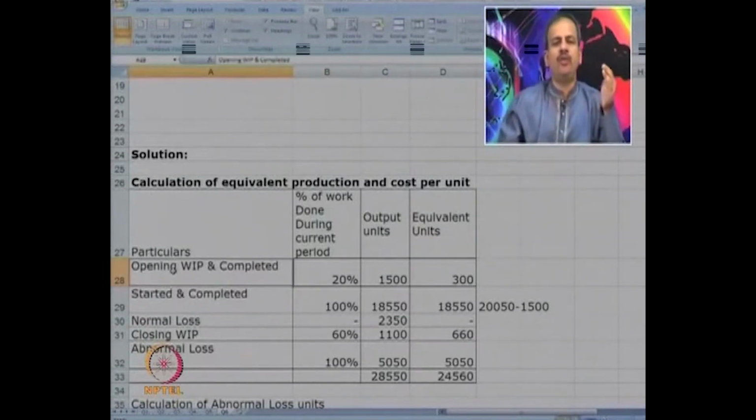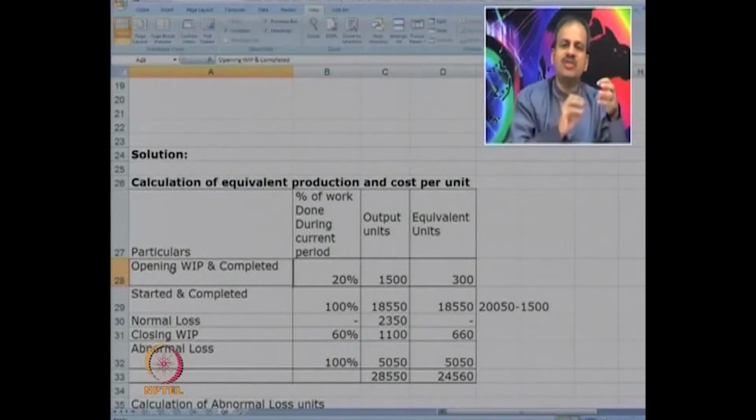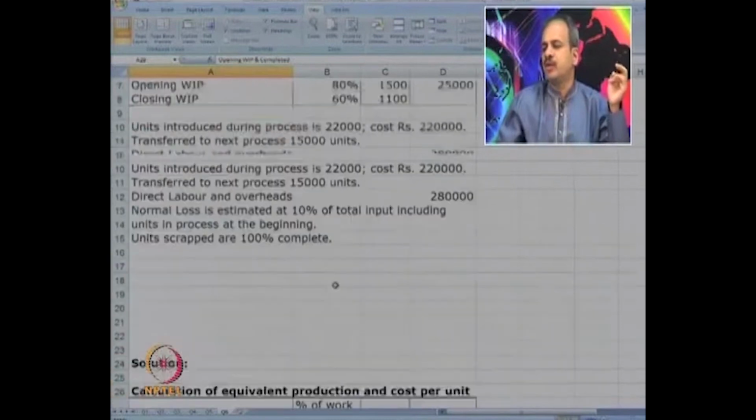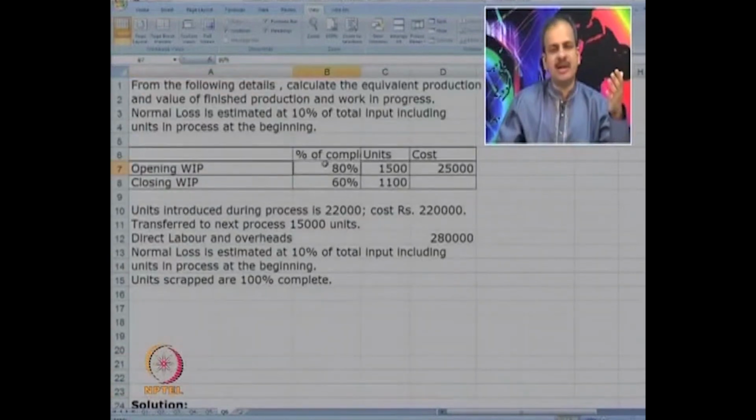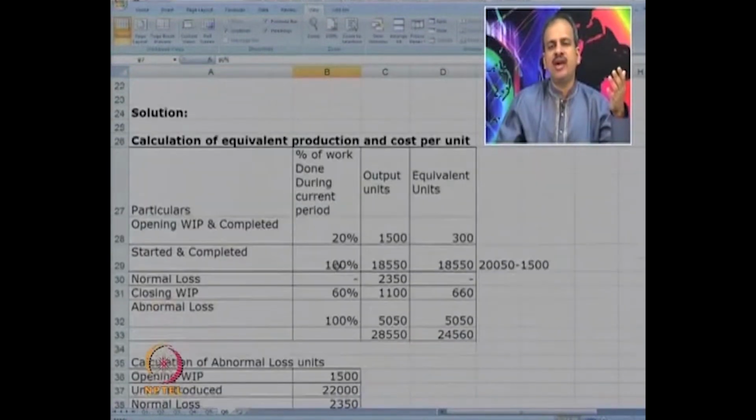First we have a lot of opening WIP, which is last time semi-finished goods which are now completed. You know that they were 80% complete in the beginning. So we have only done 20% more work on it. Total number of units are 1500. So 1500 at 20%, we get 300 as equivalent units.